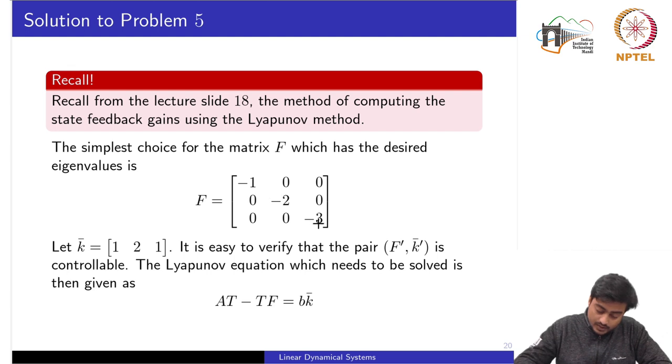Here we are using a diagonal matrix so that the eigenvalues would readily be visible at -1, -2 and -3. The second step, if you recall, is that we choose an arbitrary k bar such that the pair F transpose, k bar transpose is controllable, and then we solve the Lyapunov equation as this one to finally compute this T matrix.